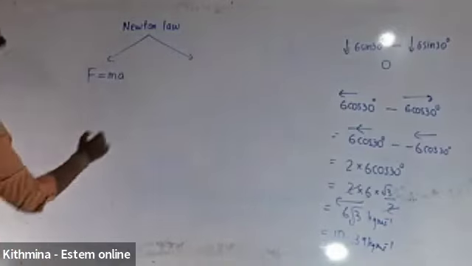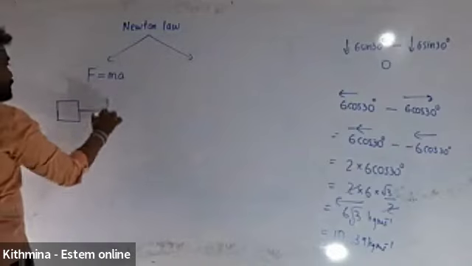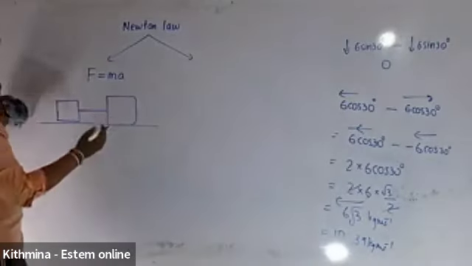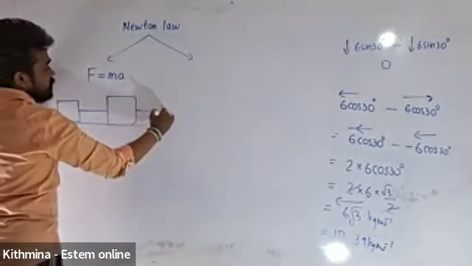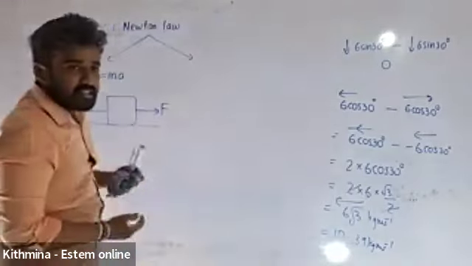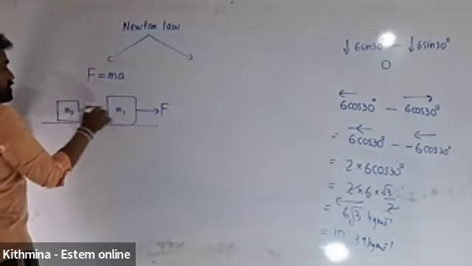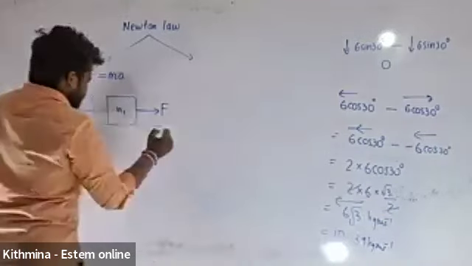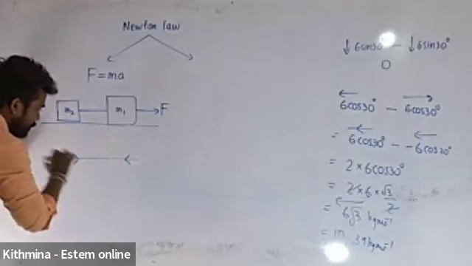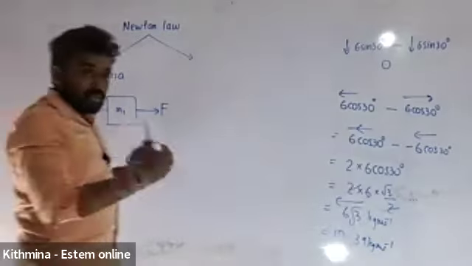These type of questions are set up by this type of model, and we are applying F equals ma to the system of masses. This is M1, this is M2. This is a string. We know in a string, tensions are always in the inward directions.